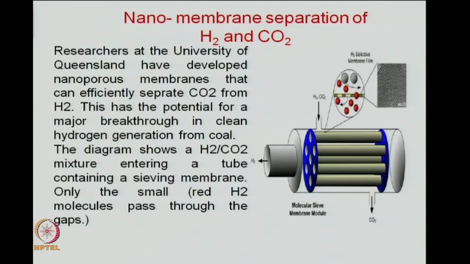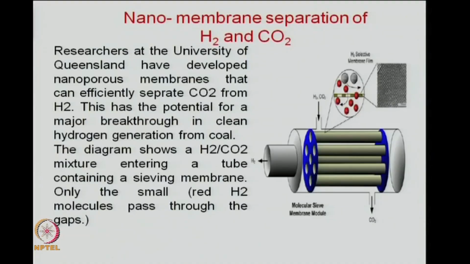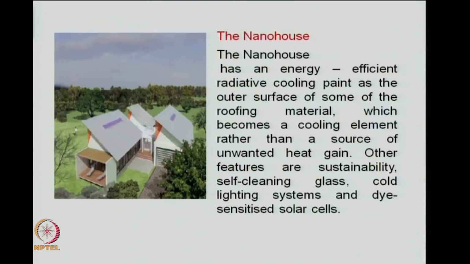So, normally when you have a hydrocarbon or petroleum based industries, they produce these hydrocarbons, and from these hydrocarbons you get carbon dioxide and hydrogen, which can be used in application, but you have to separate the carbon dioxide and hydrogen. So, these kind of membranes are very important, and then if you can separate hydrogen from carbon dioxide, then this hydrogen can be used as a fuel and can produce energy. And so, this kind of application based on nanomembranes is of tremendous interest.